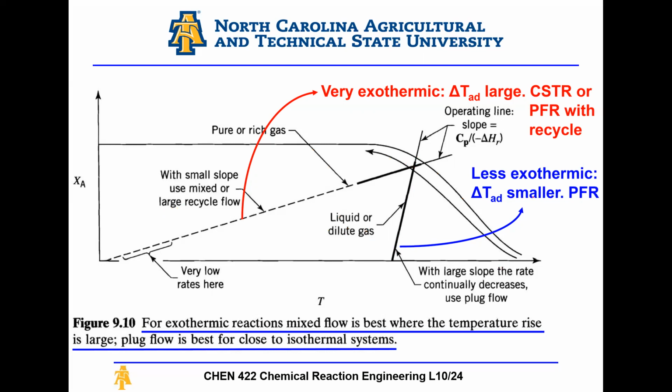A less exothermic reaction, you just use a PFR, because you can do the reaction in a much smaller volume. And if you relate this to the idea of mixing we talked about before, highly exothermic reactions need a lot more mixing than less exothermic reactions. That's why I'm operating with a CSTR or a PFR with recycle, right?